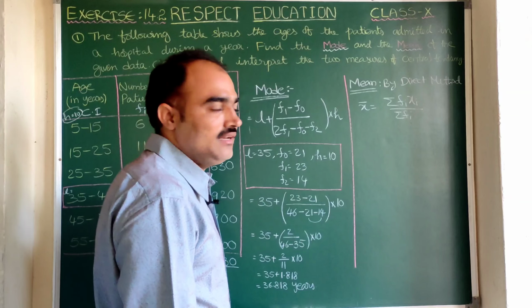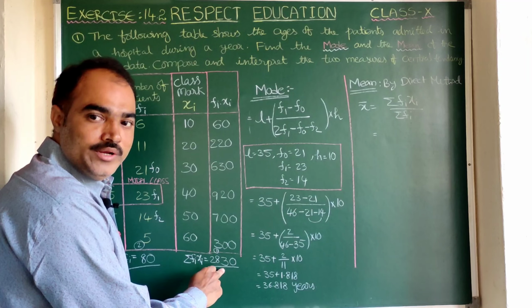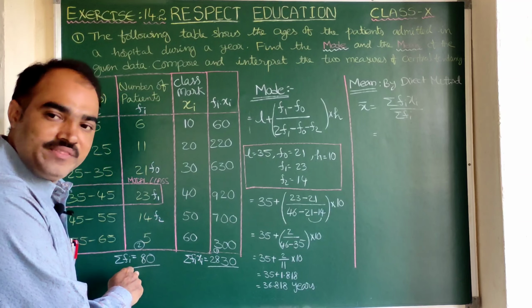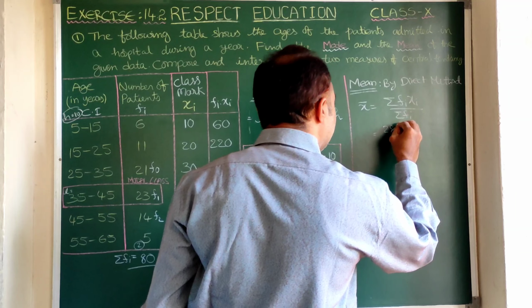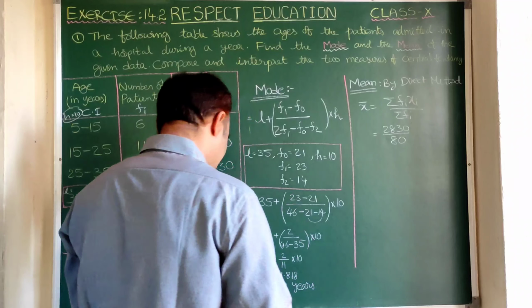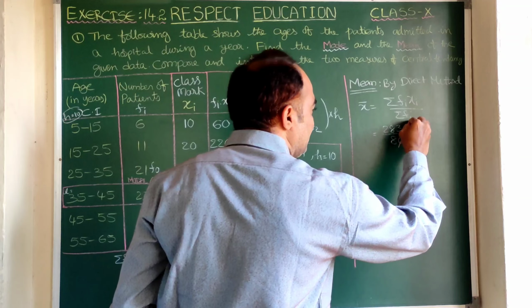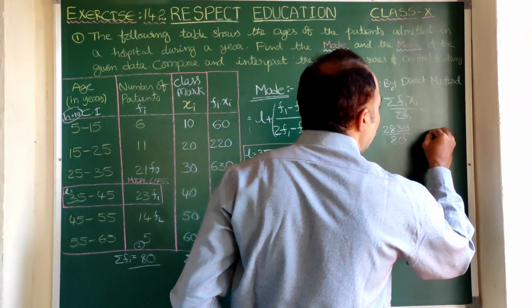Is it clear? Now let us substitute values. What is the sigma fi xi value? 2830 by sigma fi, 80. So here this is 2830 by 80. So here let us cancel 0 and 0. Now what is left? 283 by 8. Let us do division here.